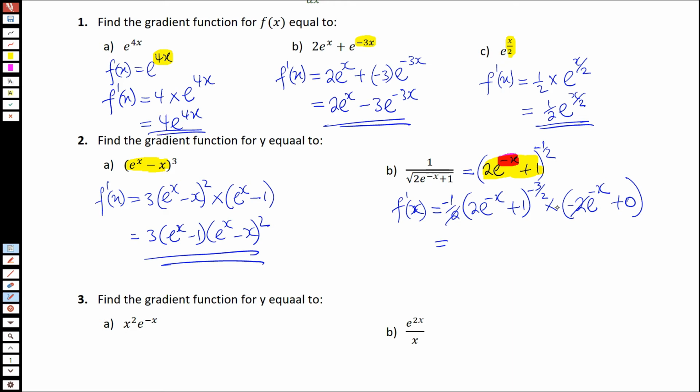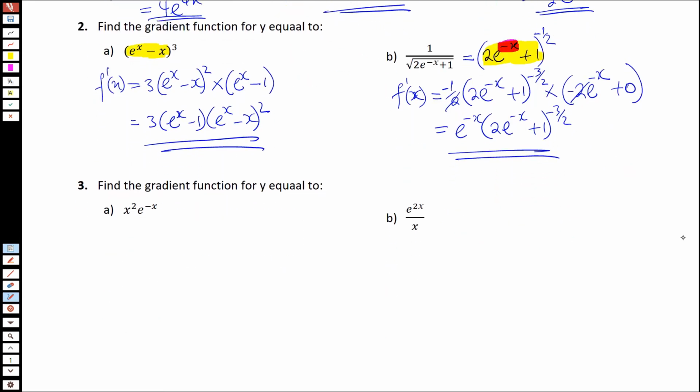So the 2 cancel, the negative cancel. So what we shall end up with here will be e to power -x into 2e to power -x plus 1 to power -3/2, and that will be the required solution.